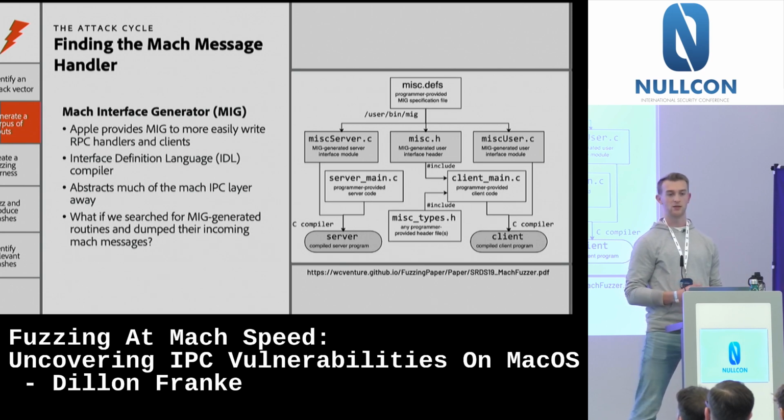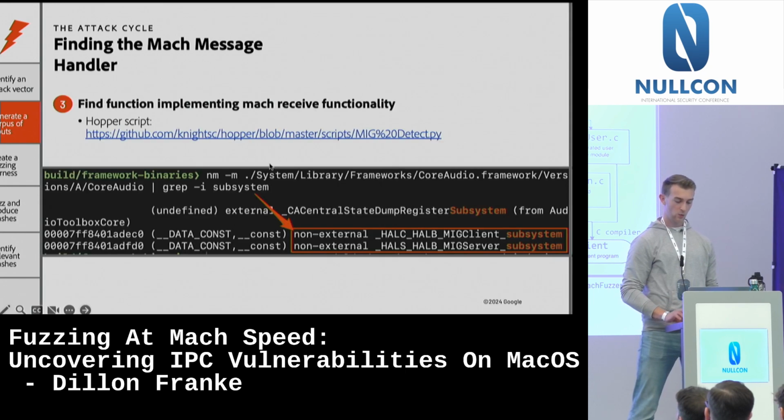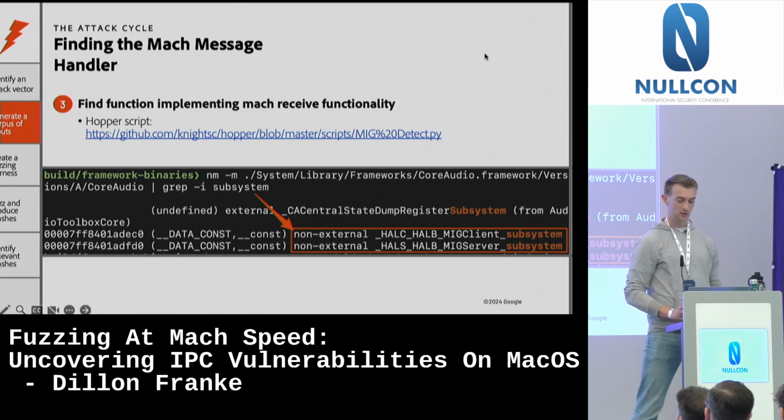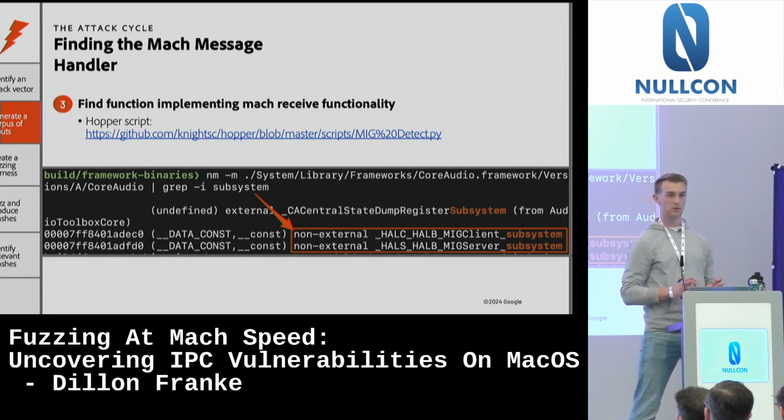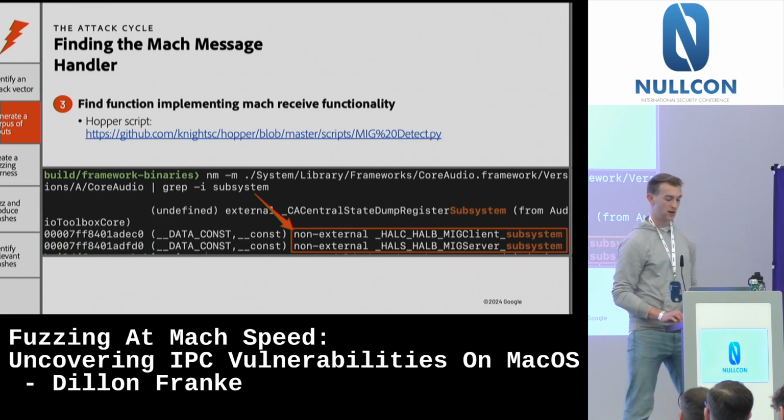It abstracts a lot of that Mach layer and just allows you to call more human-readable functions and pass data in a more meaningful way. With that in mind, we can actually start to search for some of these MIG-generated subsystems, as they're called. A subsystem is essentially a high-level message handler, and they're normally pretty easy to find just by grepping through the binaries that you're interested in.